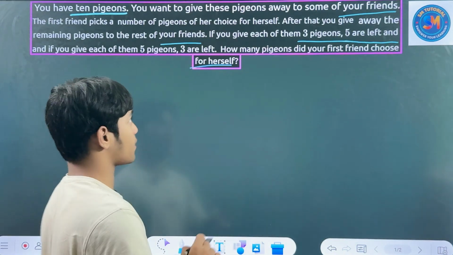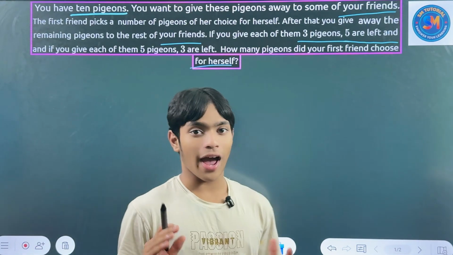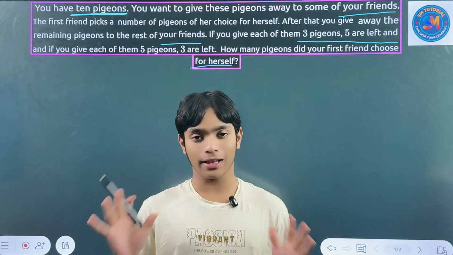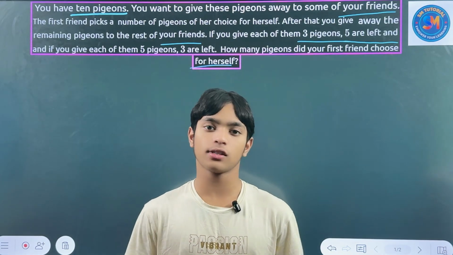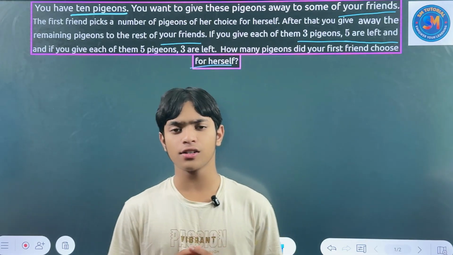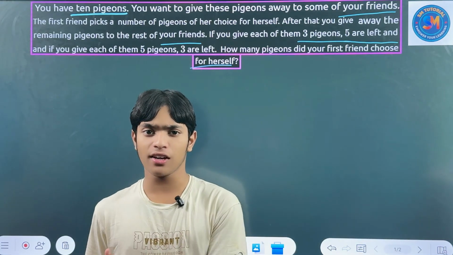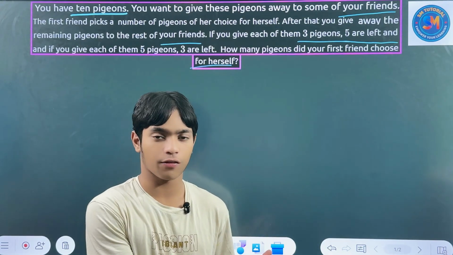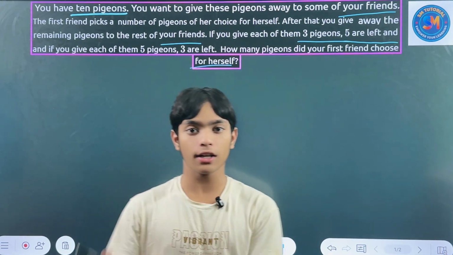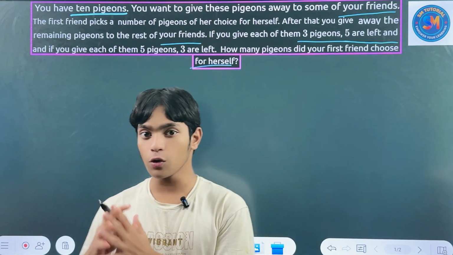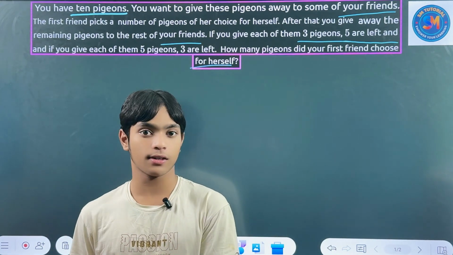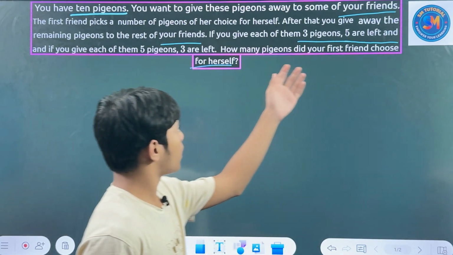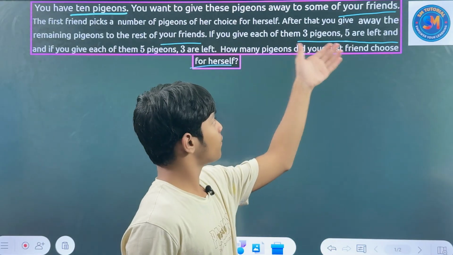The problem was a little long, but it's not difficult. Just focus here that first of all you have 10 peasants, and you want to provide those peasants to your friends. The first friend picked peasants as he wanted for himself, and then you gave to the other friends.